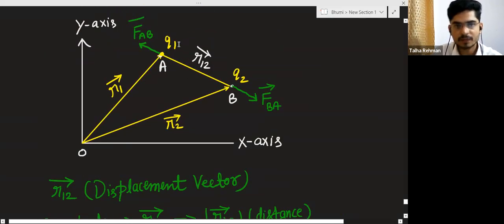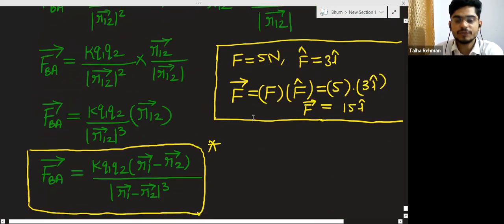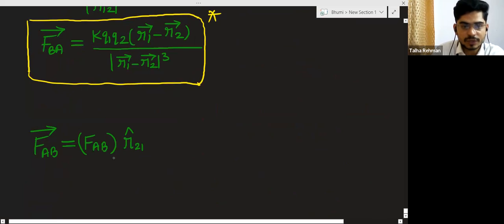Earlier we took R12 because the direction of force was like this. Now we will take R21 because the direction is in this direction.